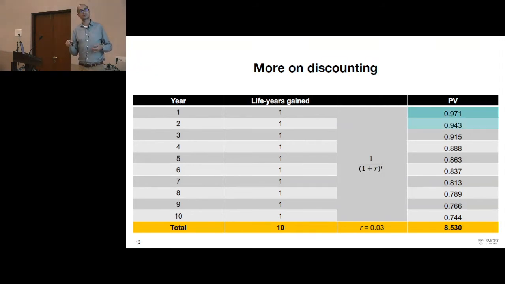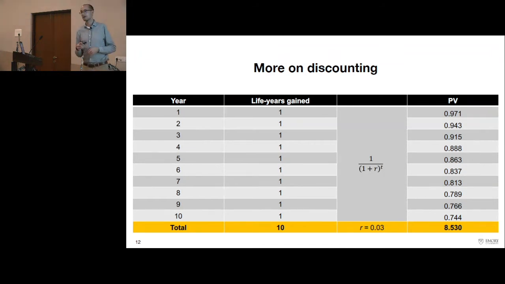Because in intervention 2 one person will gain all these years, the present value of their life gain would be 8.5 quality-adjusted life years.